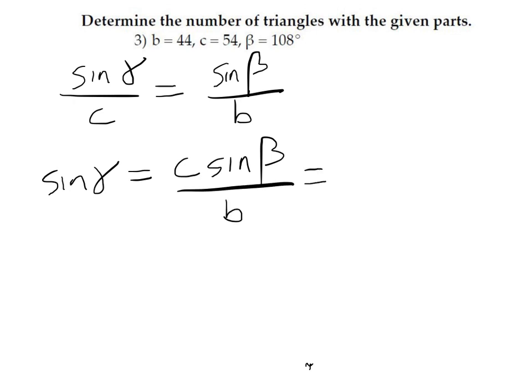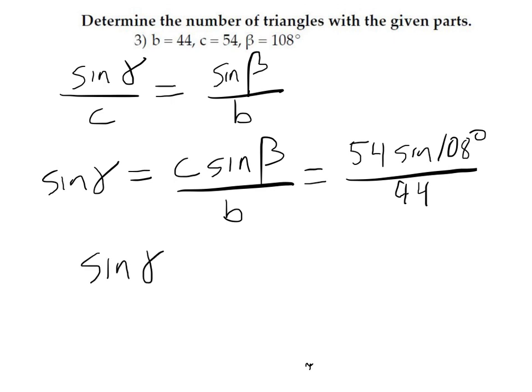We plug this information in, we get 54 sine 108 degrees divided by 44, and our calculator gives us 1.167-ish. Now, sine cannot be larger than 1.